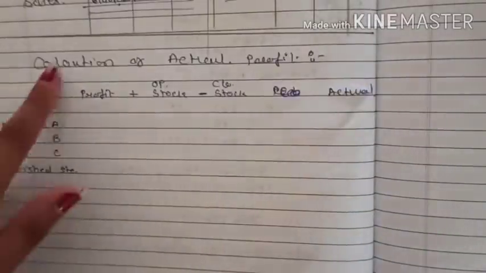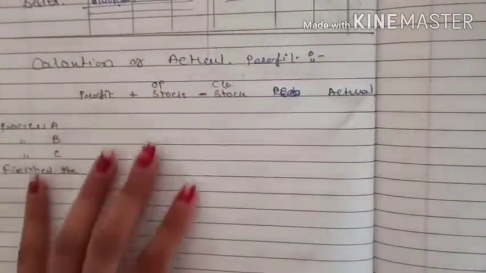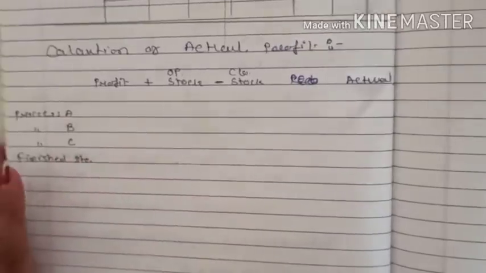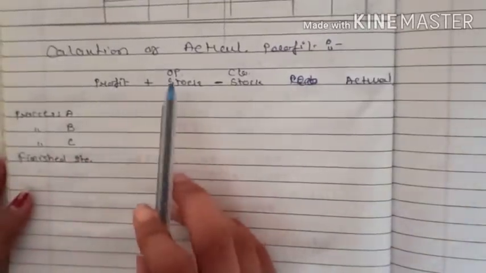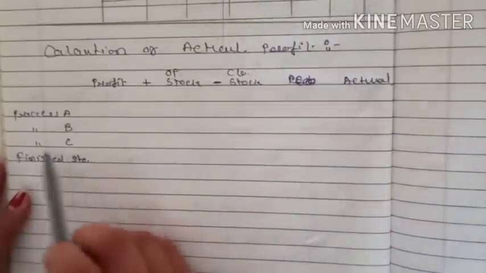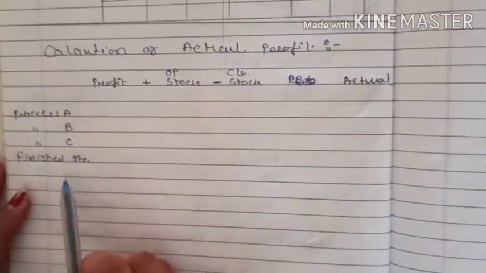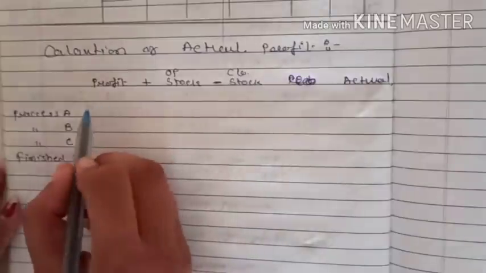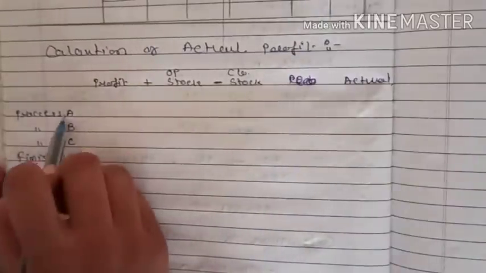For the calculation of the actual profit, we have to make a statement like this, in which we have the columns: profit plus opening stock minus closing stock and actual profit in process A, B, C and finished stock. What will be the profit of process A?